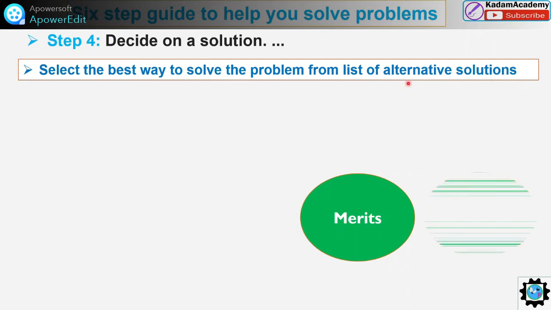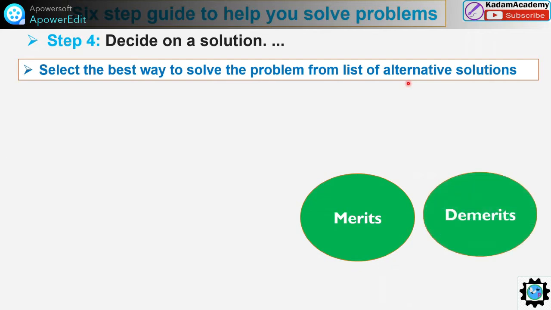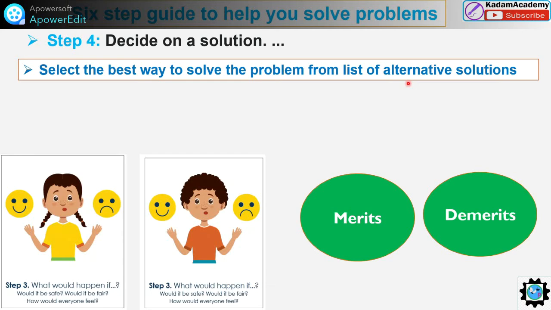The merits and demerits of each solution must be analyzed, and the criteria to evaluate each solution must be defined. That means merits and demerits, advantages and disadvantages of each element, and through this you can find the best alternative solution to the problem.